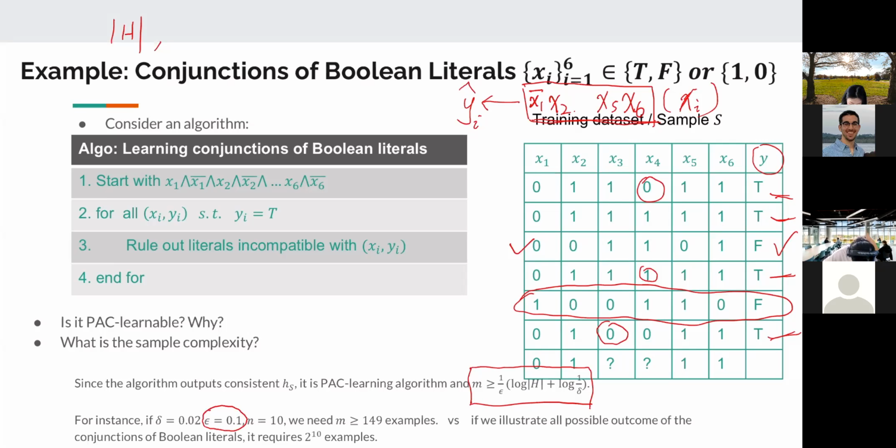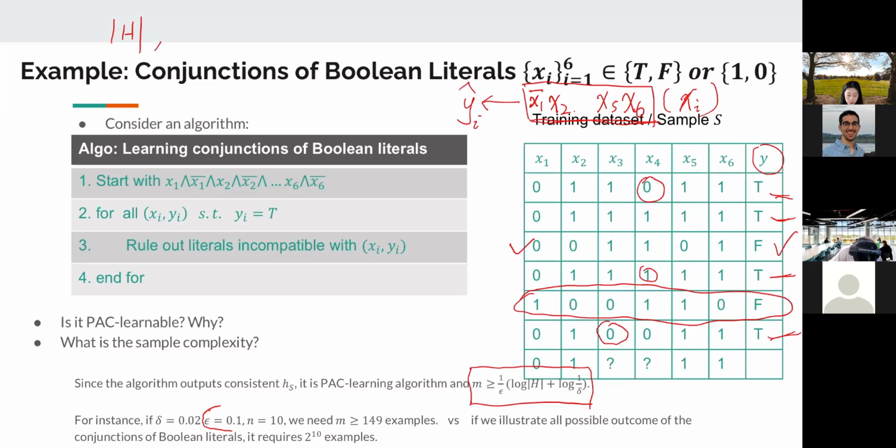Then for a conjunction of Boolean literals for up to 10 variables, x1 through x10, you only need 148 examples. Okay, so this is the so-called sample complexity. As long as you have more than 148 examples, you won't overfit.